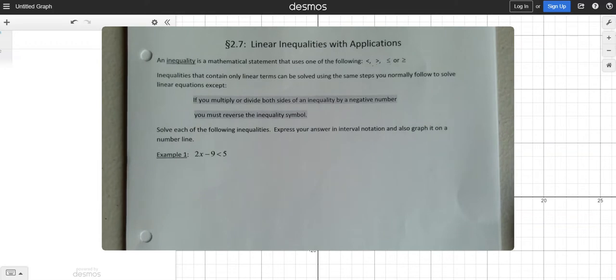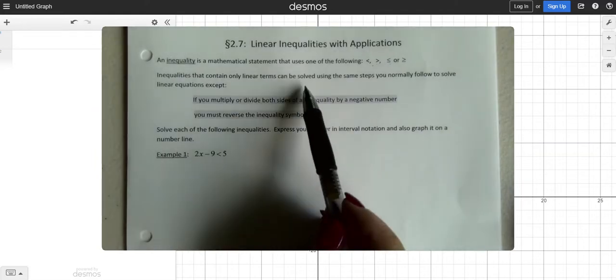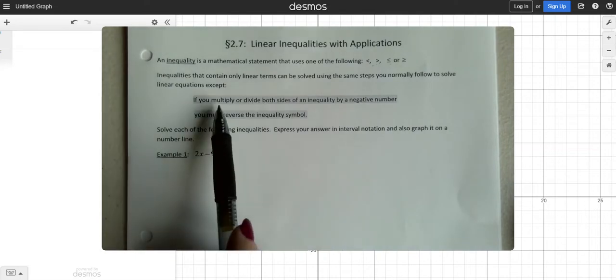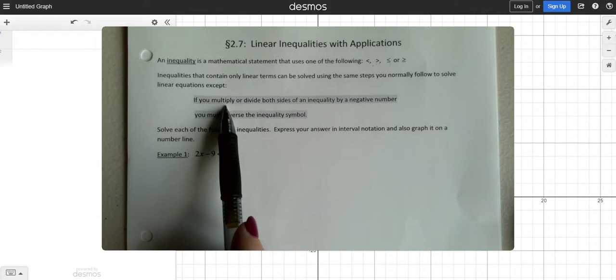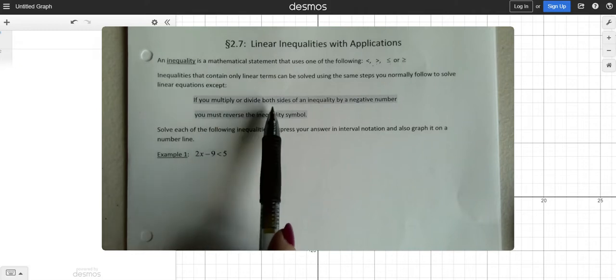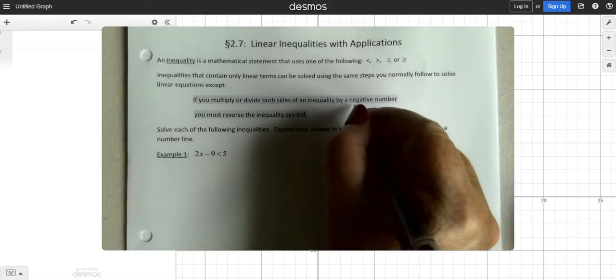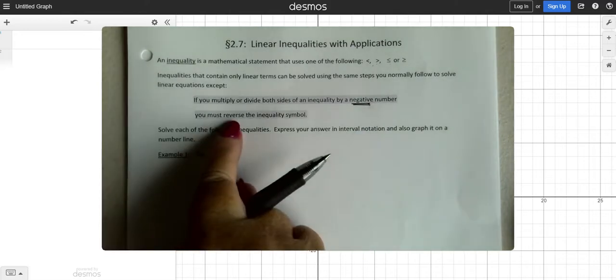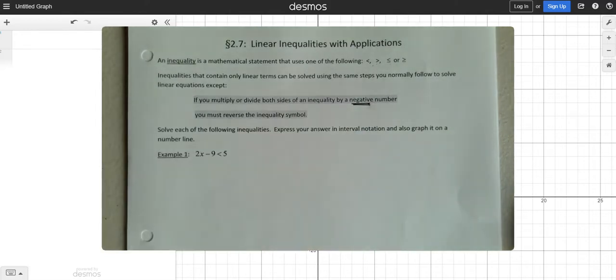Solving linear inequalities really comes down to remembering one special rule. Essentially, you can solve them using the same steps that you normally would to solve a linear equation, except if you multiply or divide both sides of an inequality by a negative number, you have to reverse the inequality symbol.